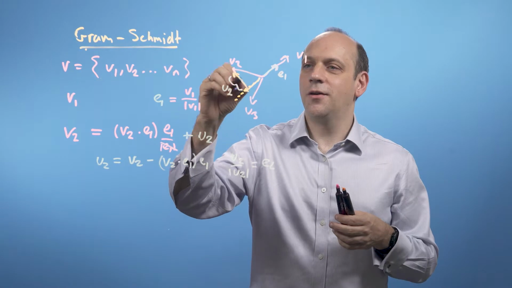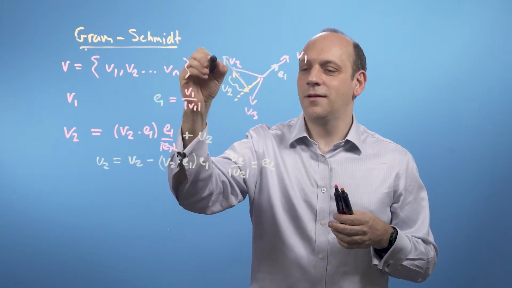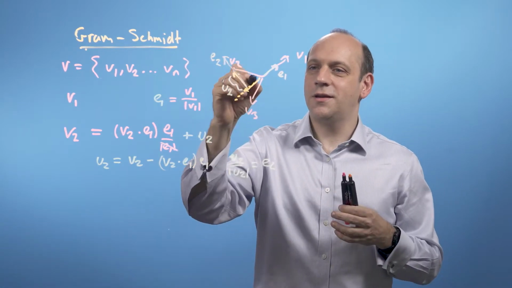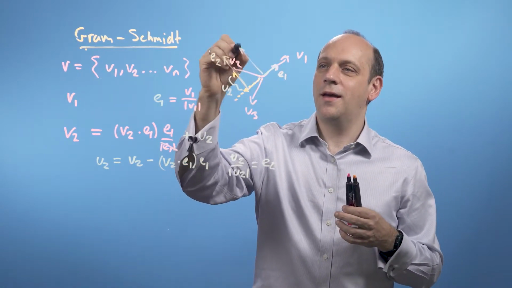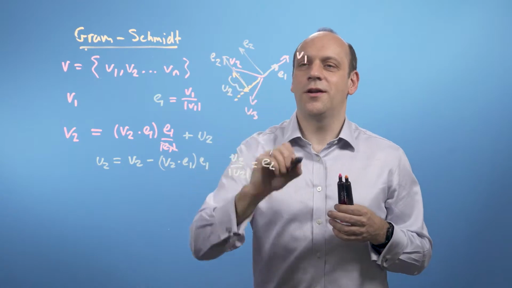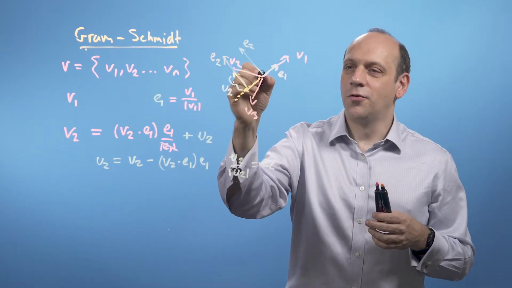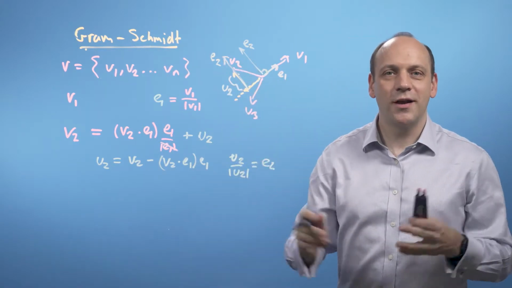That will be e2. And that will be at 90 degrees to e1, so it'll actually be there once I've moved it over. That's another unit length vector, normal to e1, so that's the first part of taking an orthonormal basis.